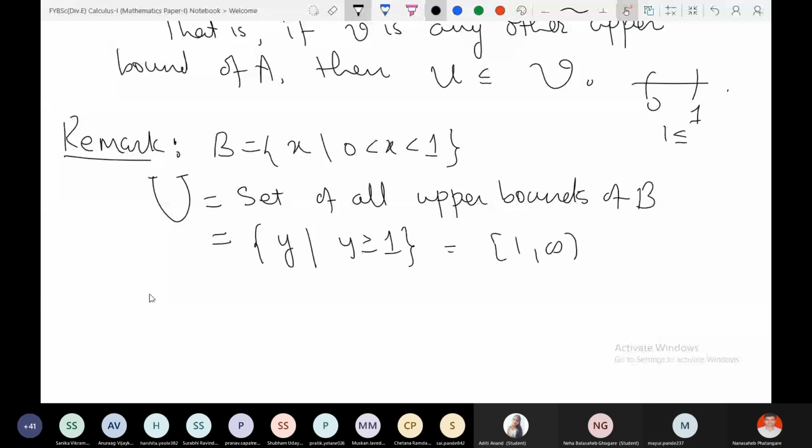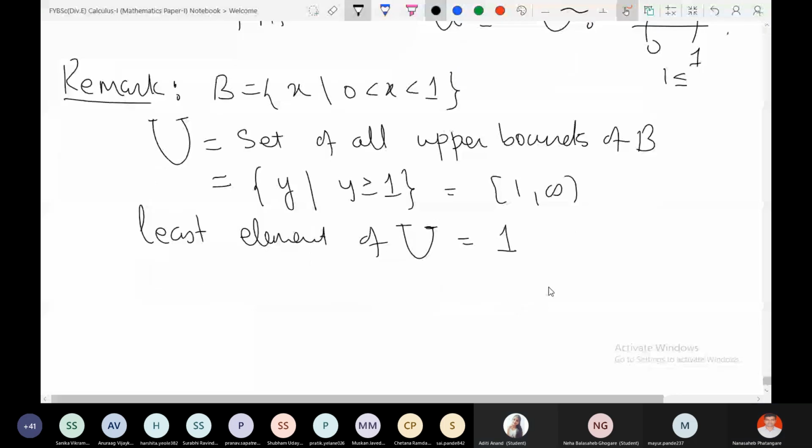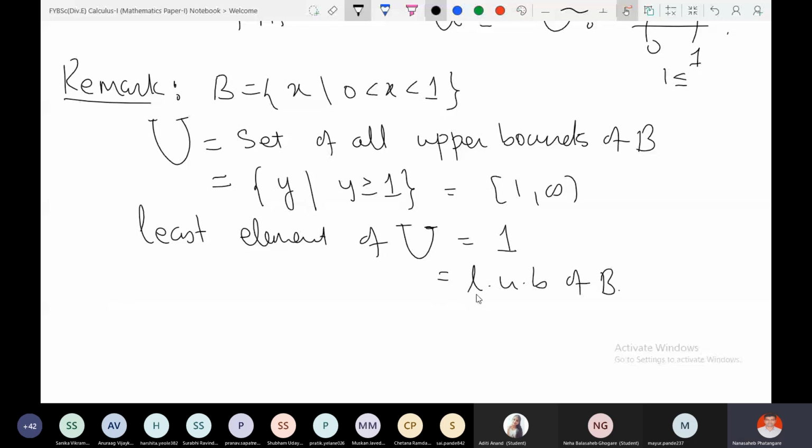What is the least element of U? 1. And it is a member of U, no doubt. And it is unique. So the least element of U is the least upper bound of B. And why is it unique?